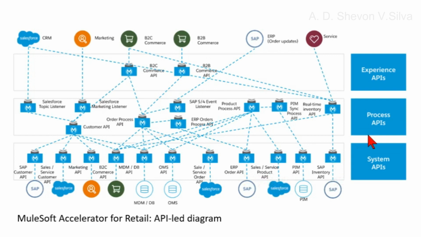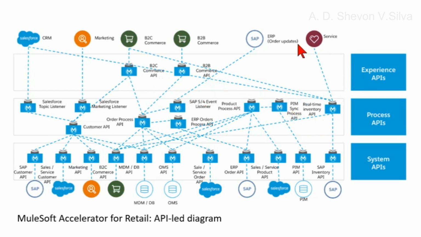In Process APIs you can see Salesforce Topic Listener, Salesforce Marketing Listener, Customer API, Order Process API, SAP S4 Event Listener, ERP Order Process API, Product Process API, PIM Sync Process API, Real-Time Inventory API. In Experience API you can see B2C Commerce API and B2B Commerce API.